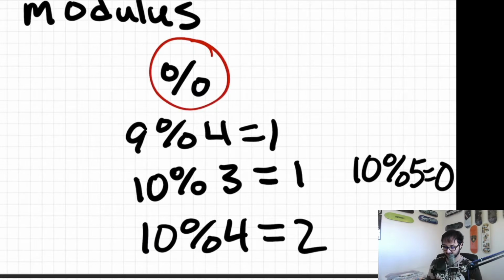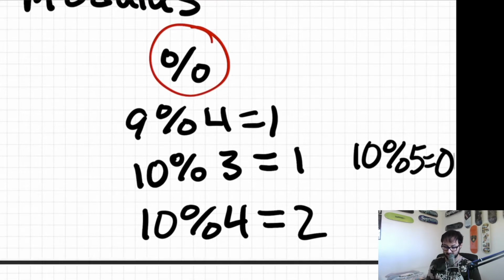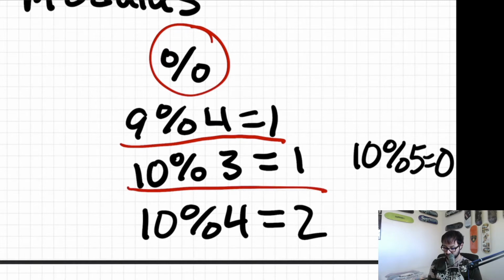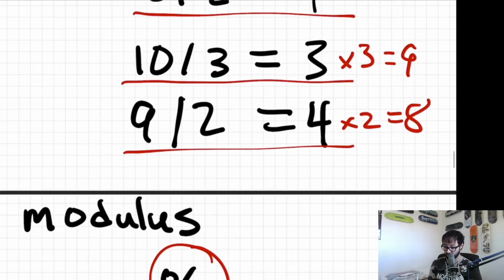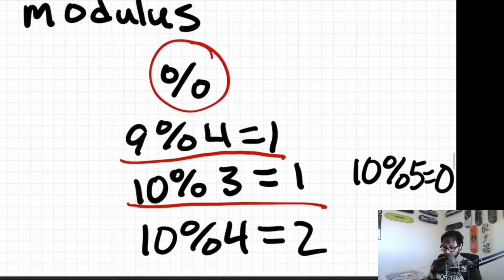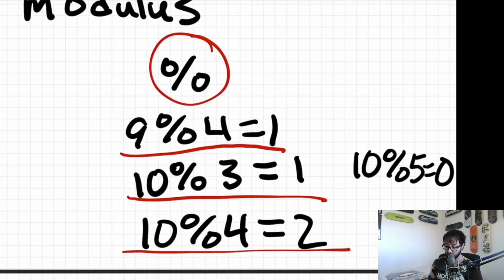And that is 9 modulus 4 is 1. 10 modulus 3 is 1. So 10 modulus 3, we get that remainder of 1 here with our modulus. 10 divided by 4 is 2. Our modulus 4 is 2.